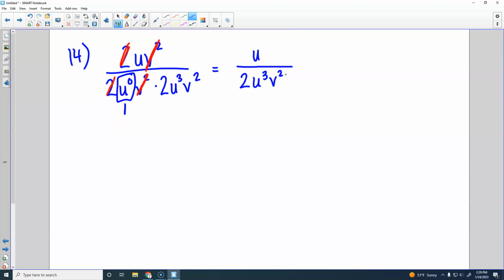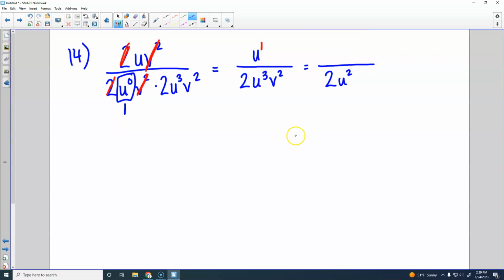Okay? So then, Aiden, what would we do after that? Okay, good. So, like, this is u to the 1st power. I can subtract those, which will cancel one of these u's with one of these in the bottom. So if I subtract them, 3 minus 1 will give me 2. That's going to go in the bottom because there's more u's in the bottom, right?